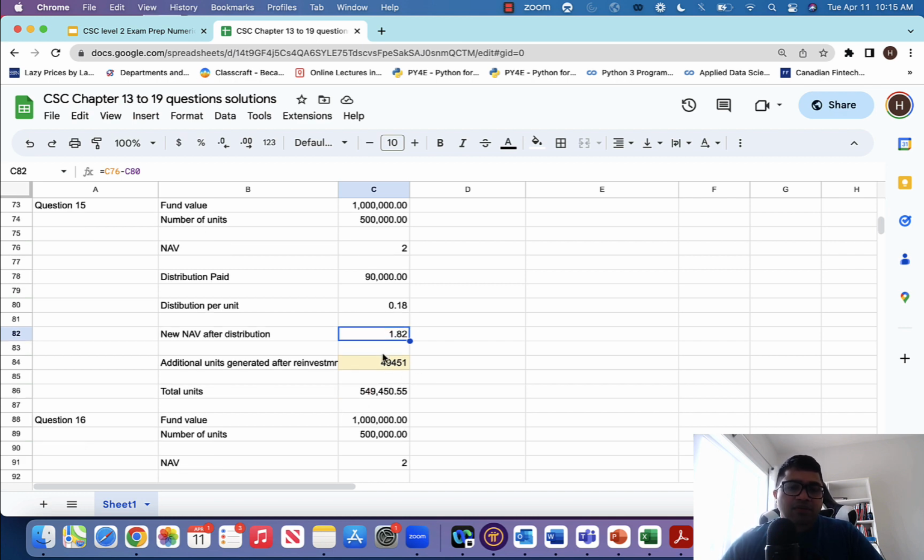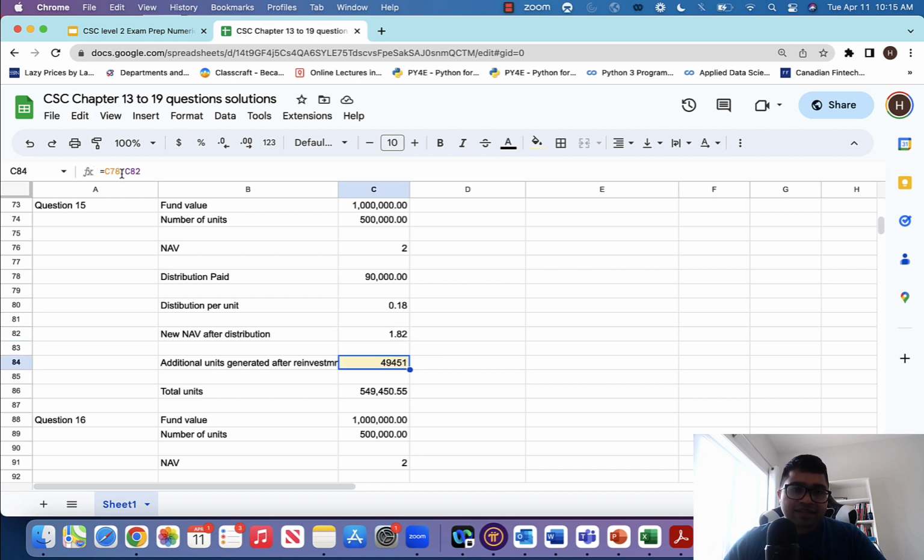Okay, now this is the new NAV after the distribution happens, but distributions you're not taking in cash, you're reinvesting back into the fund. So this $90,000 gets reinvested at the new NAV. So you will generate some additional units. How many additional units do you generate? So it is $90,000 getting reinvested at $1.82.